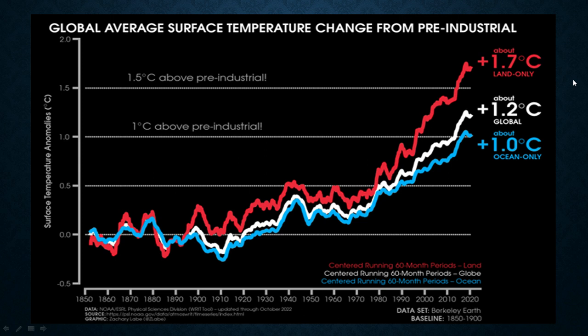What we see is that compared to the 1850 to 1900 time period, the land has warmed by about 1.7 C. Overall global is 1.2, the ocean is 1.0. So again, 0 represents zero departure from that baseline.